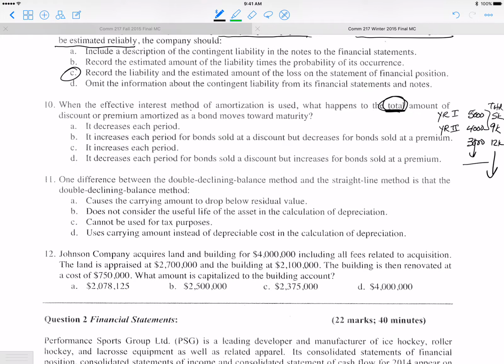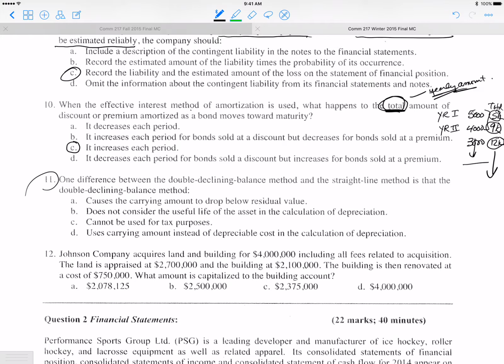The correct answer is C, it increases each period. Not the yearly amount, that is the tricky part of this question. The total amount is different from the yearly amount. Depending on the method you use, the annual amount could be more or less, but in total, it's always growing.